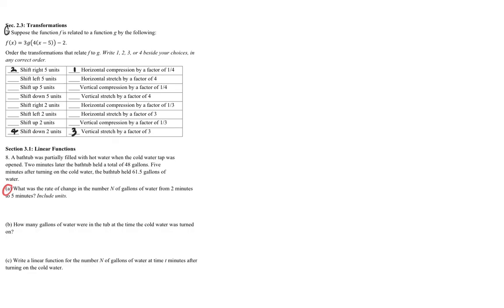Well, first let's write a coordinate real quick. So, we know that we have time and we have our gallons, right? So we have 2 minutes, we have 48 gallons. Then we also have, after 5 minutes, we have 61.5 gallons. So for this one, we want to find the rate of change in gallons of water from 2 minutes to 5 minutes.